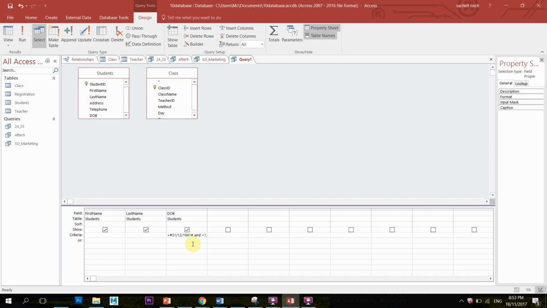And the or is they can be born in 1993. So if they are born in 1993, that means that it will be greater than 1992.